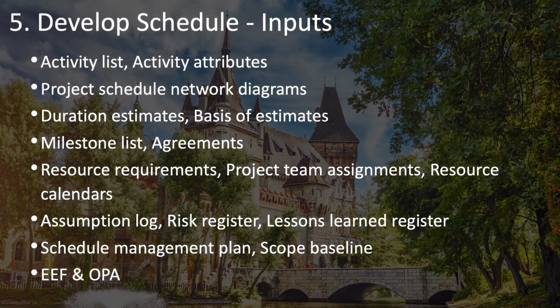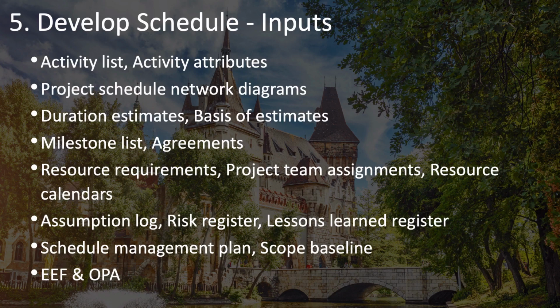As you would expect, in order to generate a complete project schedule, you'll need to have as inputs all of the information and outputs that have been generated so far in doing your schedule planning, as well as your resource planning, as well as some other documents and sources of information.